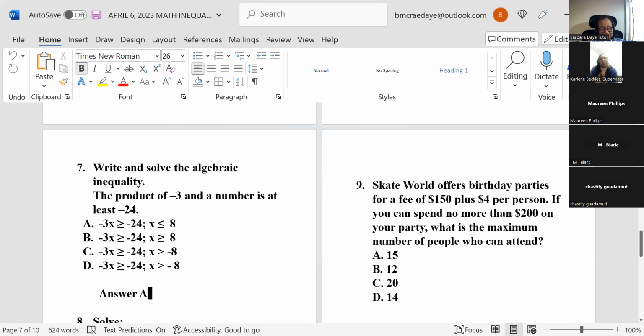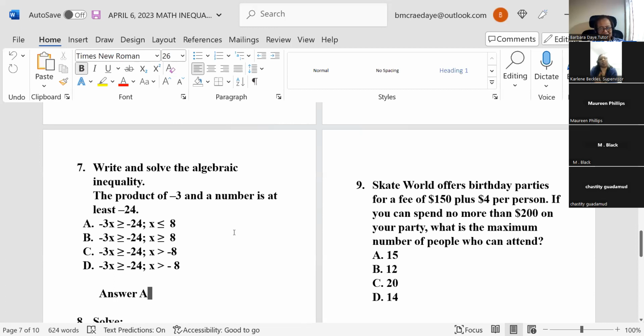You wrote it, then solve for x. When you solve, there's a negative, so you're going to divide by a negative. What happens? Reverse the inequality, so greater than or equal becomes less than or equal. Remember that rule. Don't throw it away.